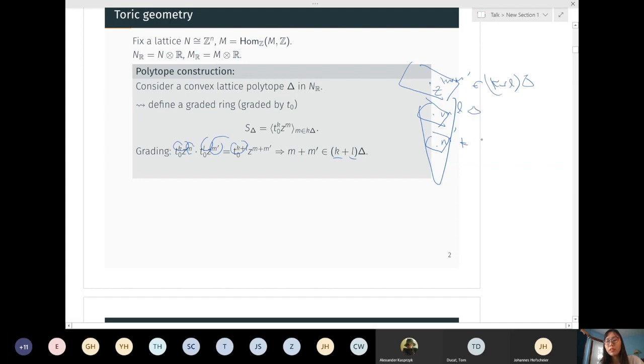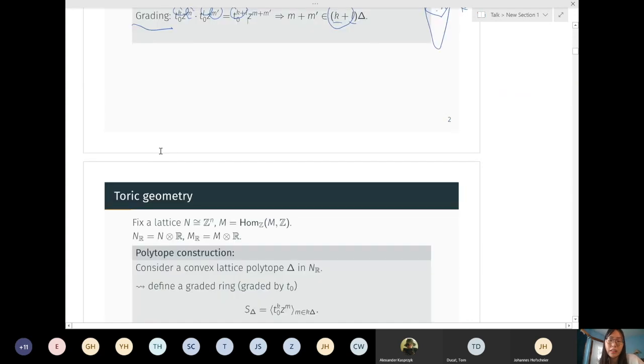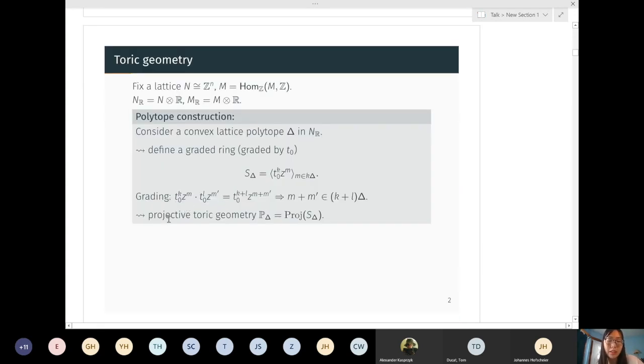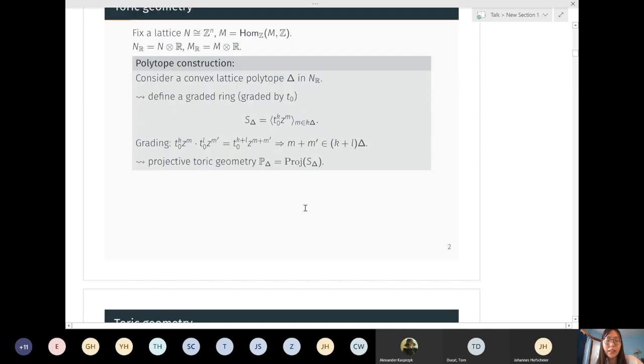So you can see that's why we need convexity as a condition on the polytope. This gives us a graded ring, and as algebraic geometers we just take Proj, and then we have a projective toric variety.